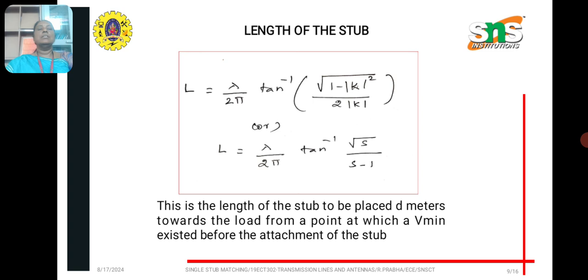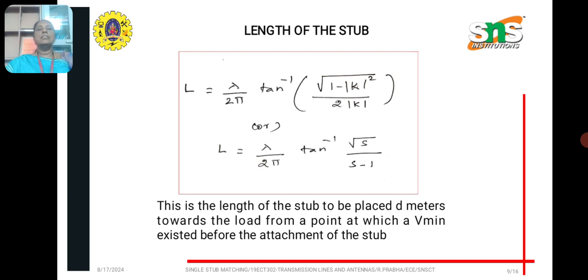The length of the stub is given by the formula L equal to lambda by 2 pi tan inverse of root of (1 minus mod k squared) by 2 mod k, or this formula can also be given in terms of the standing wave ratio: L is equal to lambda by 2 pi tan inverse of root of S by (S minus 1). Here lambda is the wavelength of the line, K is the reflection coefficient of the transmission line, K equal to (ZR minus Z0) by (ZR plus Z0), and S is the standing wave ratio.